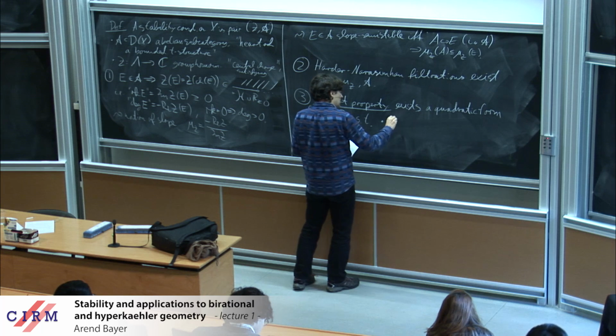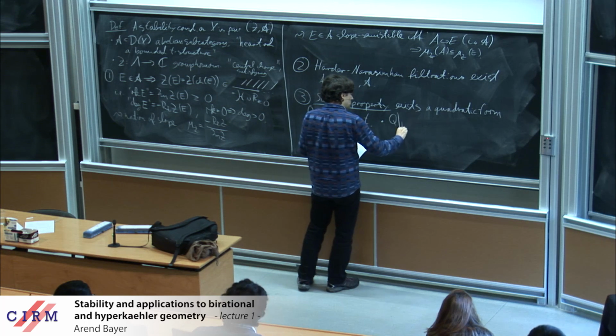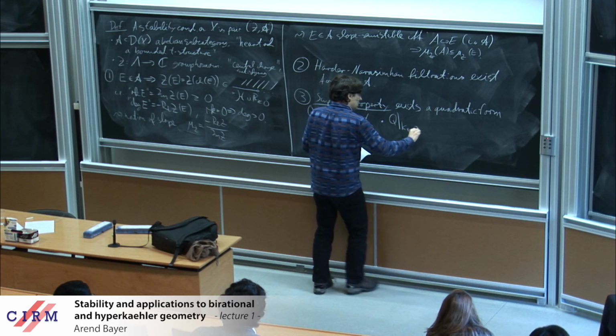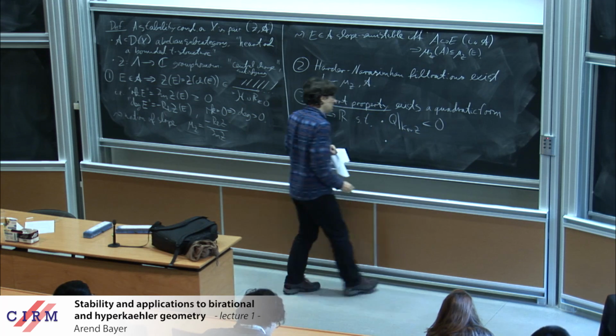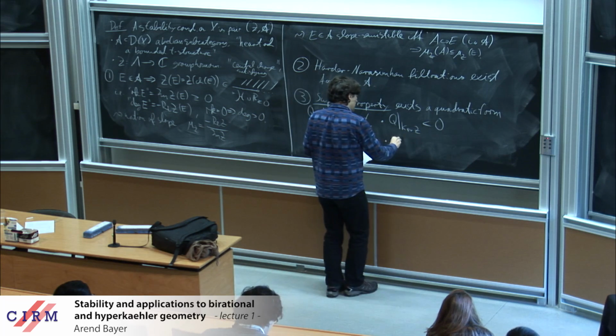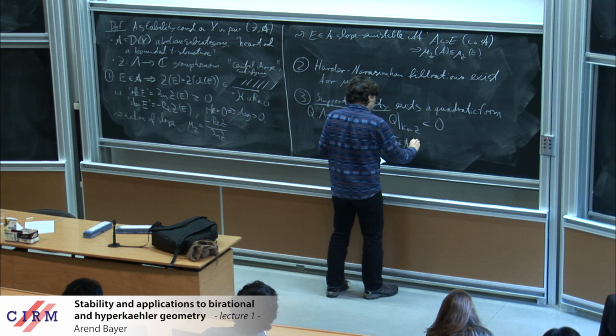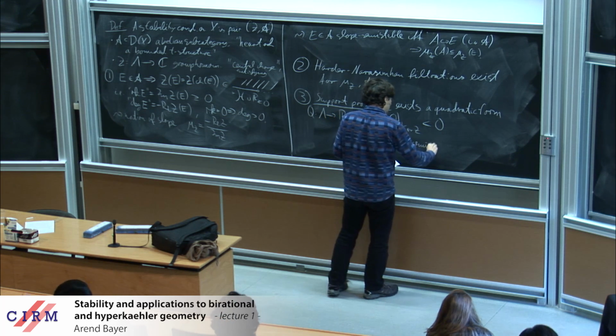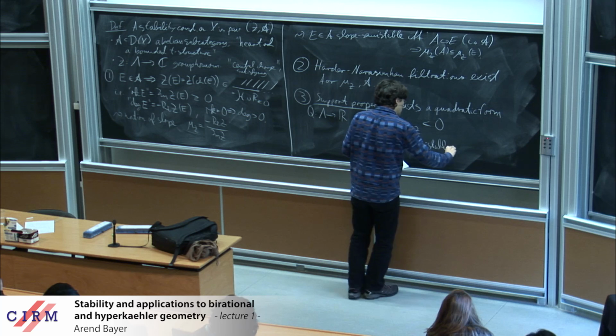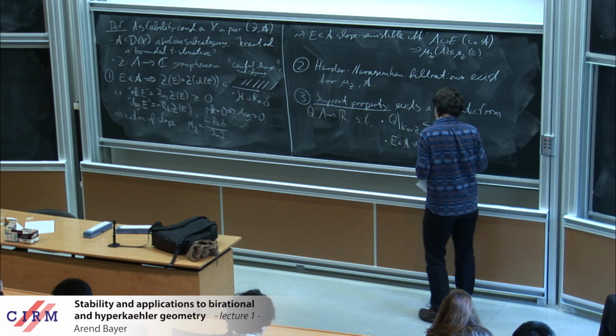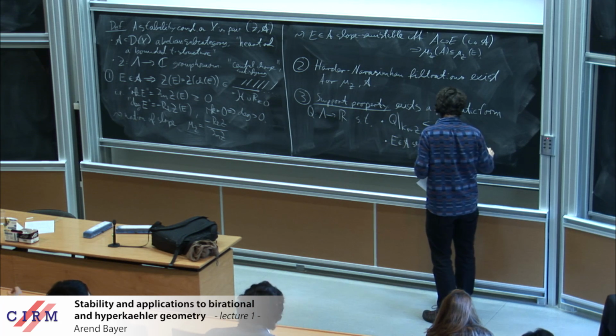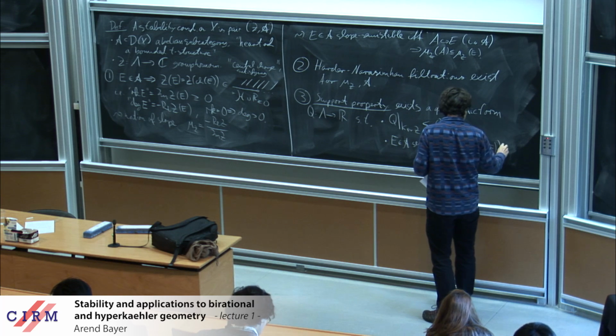So Q restricted to the kernel of Z is negative definite, and if E in A is semi-stable, then Q of Chern of E is greater or equal to 0.